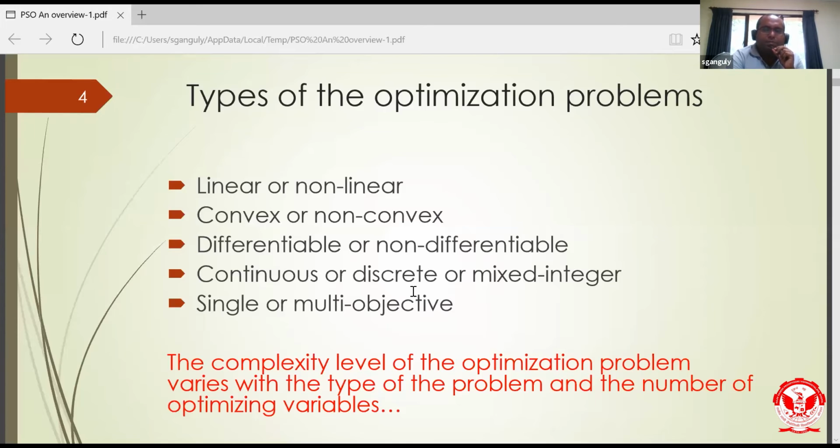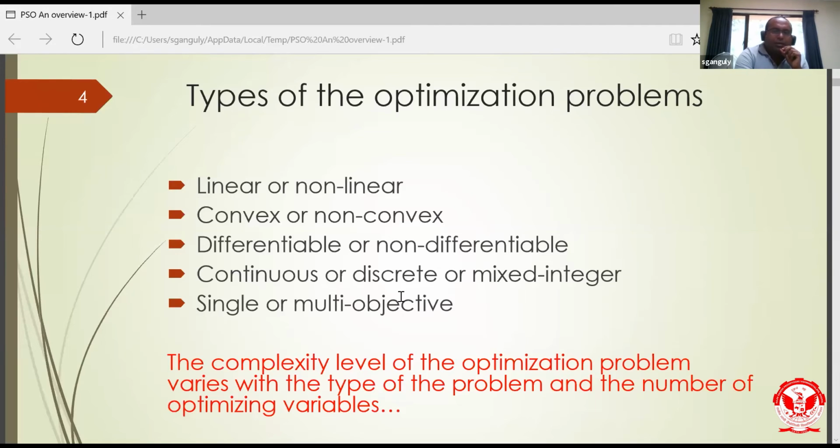If your optimizing variables are discrete in nature, like a binary decision where a variable is either 1 or 0, then it is discrete. Some problems involve both continuous and discrete optimizing variables, and these are categorized as mixed integer optimization problems.